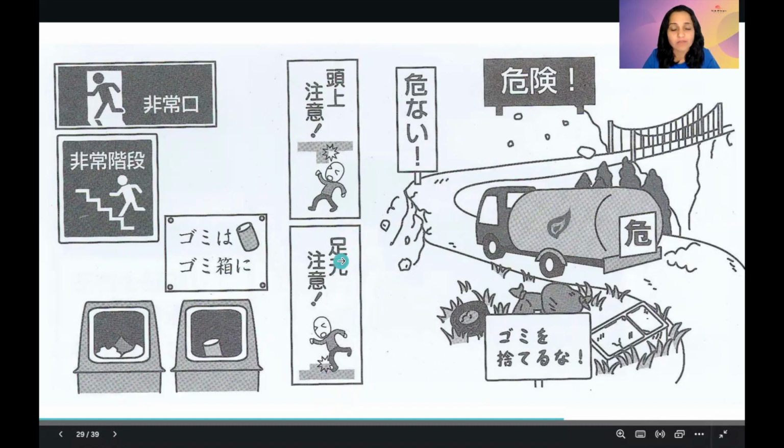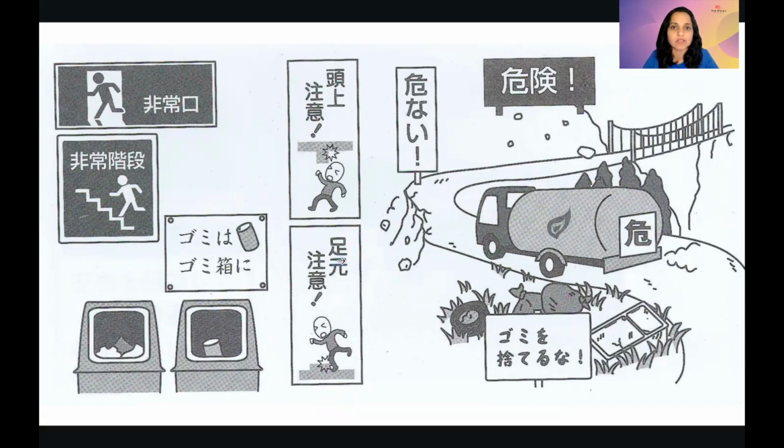I have heard this word mostly in the context of train. While boarding onto the train, there is a gap between train and platform. So mostly I've seen that, ashimoto ni go chui kudasai. This is the announcement. Ashimoto, footstep. Ashimoto chui.